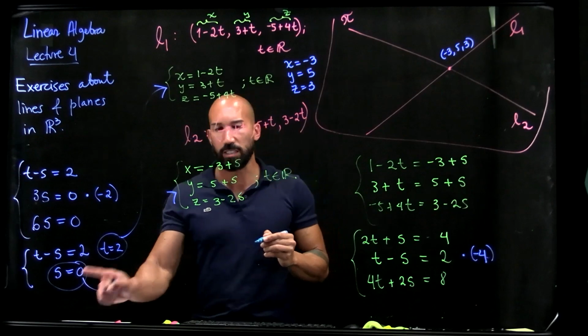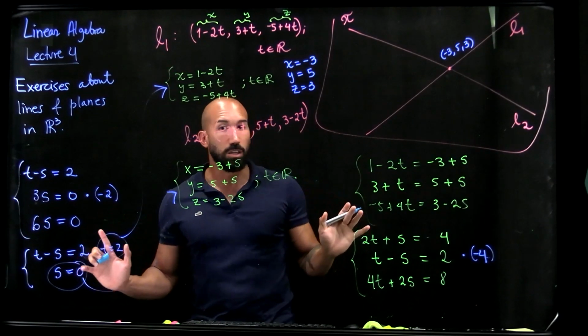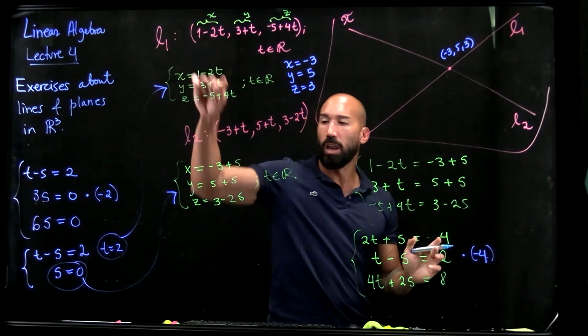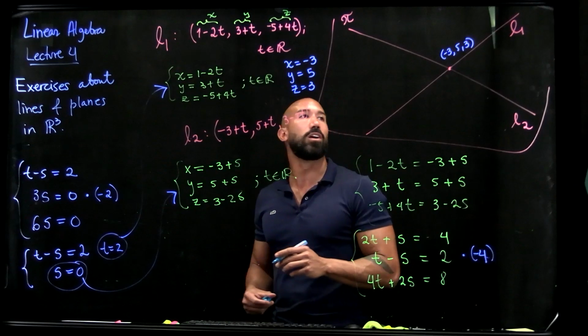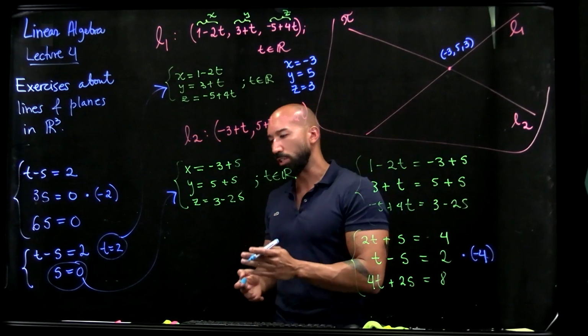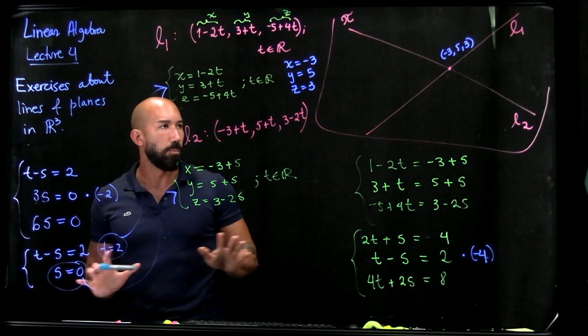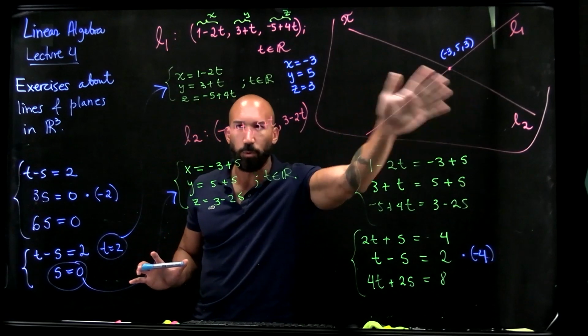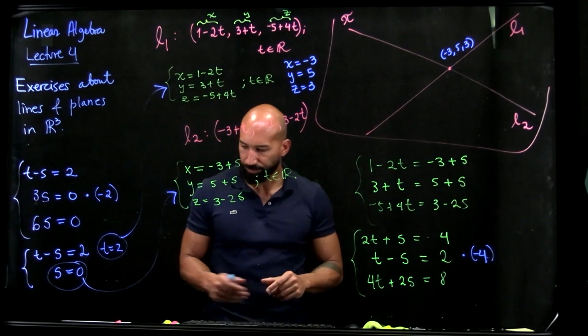If I use s equals 0 here, I'm going to get minus 3, 5, 3. So we are good. The two specific lines that I'm giving you here have an intersection, and that intersection consists of exactly 1 point. So we are good. Whatever I'm putting here is happening here. We are good. Right?